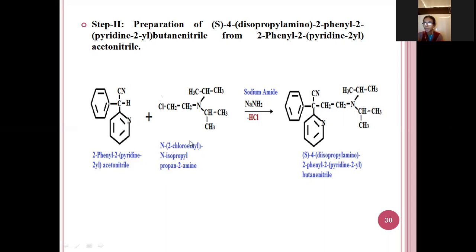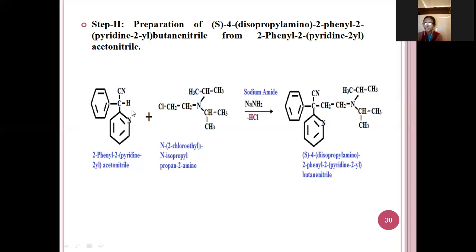So the remaining N-isopropyl propane 2-amine is attached to the 2-phenyl 2-pyridine 2-yl acetonitrile to get 4-diisopropyl amino 2-phenyl 2-pyridine 2-yl butanitrile.